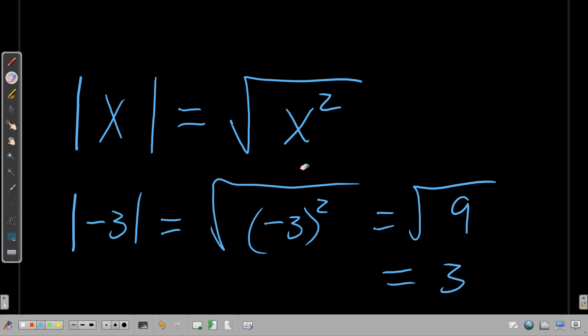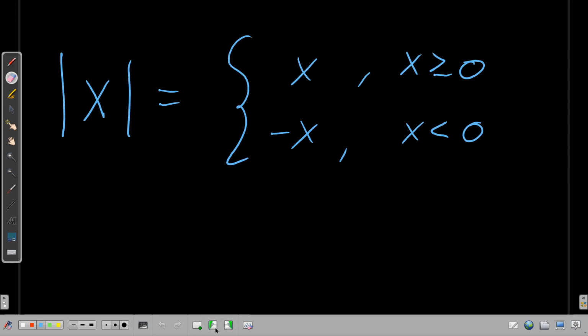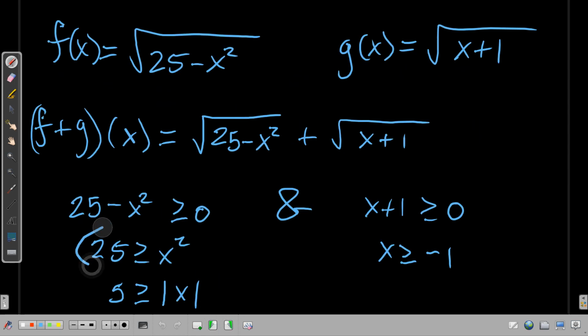Now, that's why when I took a square root on both sides right here, the square root of 25 is 5, and the square root of x squared is the absolute value of x. And it says that the absolute value of this number is less than or equal to 5.